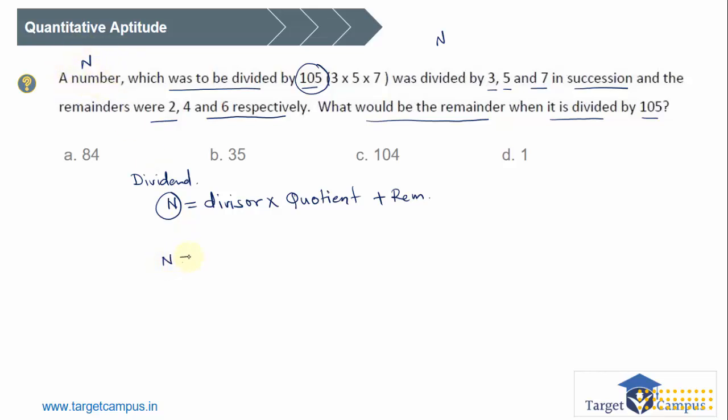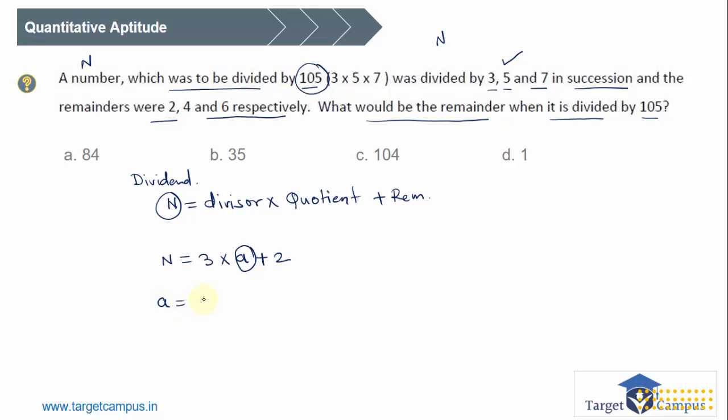You are dividing n first by 3, so your divisor is 3, let's say your quotient is a and your remainder in this case is 2. Now in the second step, you're dividing the quotient, a, by 5.